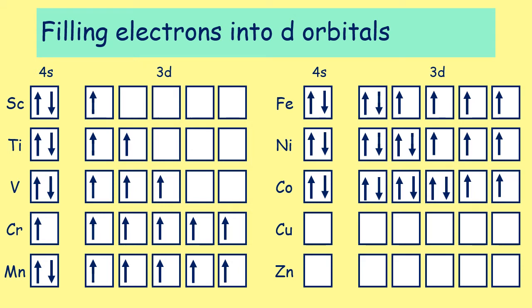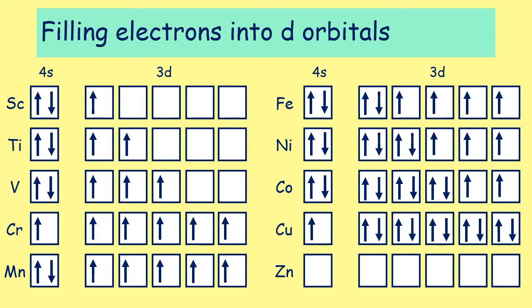Copper is where it gets to be an exception again. In this case, one of the electrons from the 4s orbital moves into the 3d orbital, so that we end up with a completed 3d orbital. And again, that's because having a completely filled 3d orbital is actually more energetically stable, more energetically favorable than having an incomplete set of 3d orbitals, but a complete 4s orbital.